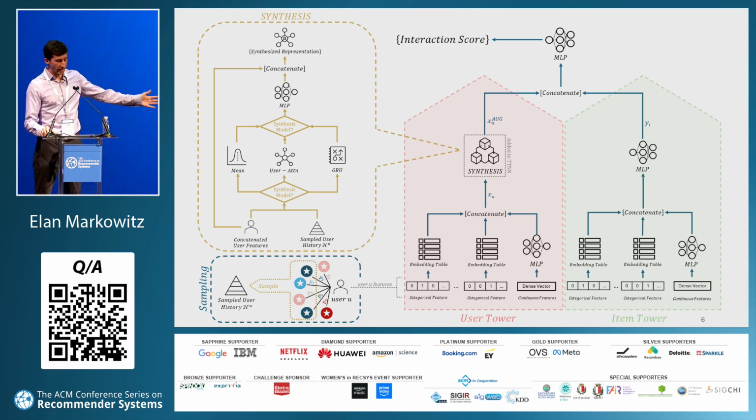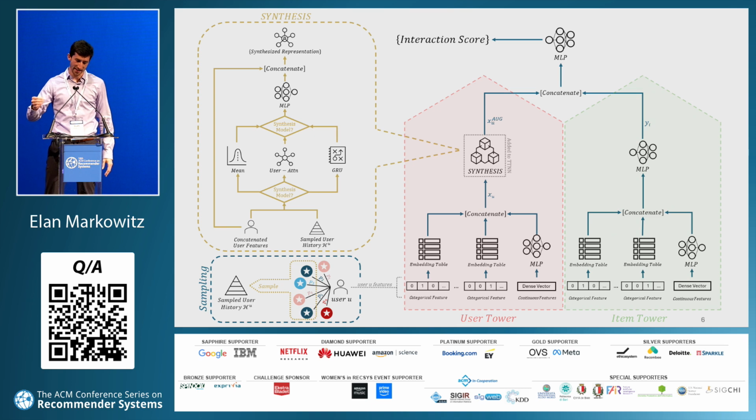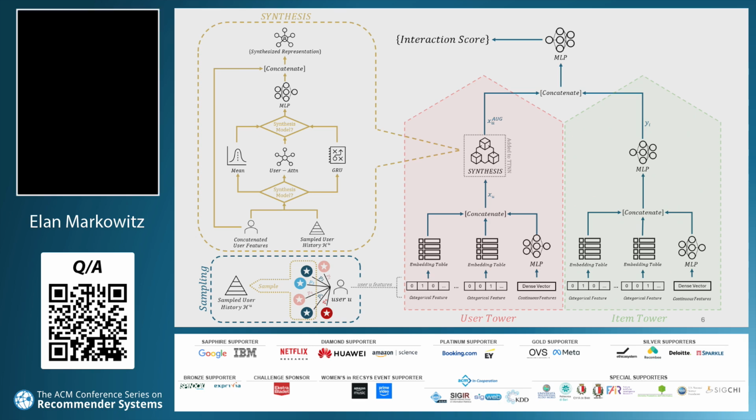We then do an interaction where we create a better user representation based on their biased user history. That's the synthesis step, and we have three different modules we experiment with. One is just a very simple mean aggregation of those interacted representations.